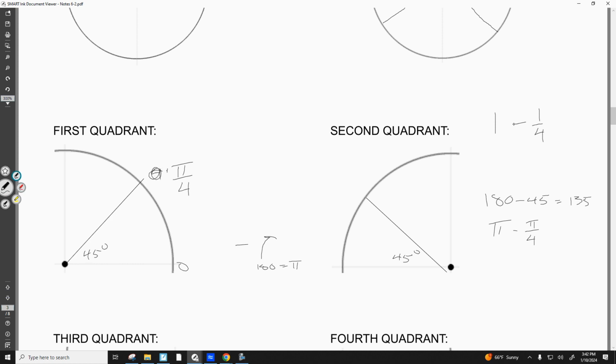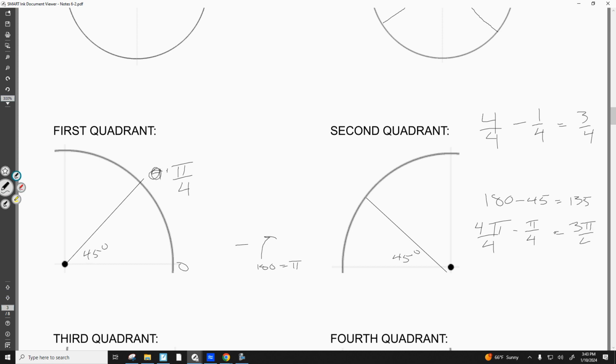Do that. What's 1 minus a fourth? Figure that out. Good. You turned 1 into 4 fourths. And 4 fourths minus 1/4 is 3 fourths. Well, you could turn pi into 4 pi over 4s. What's 4 pi over 4 minus 1 pi over 4?